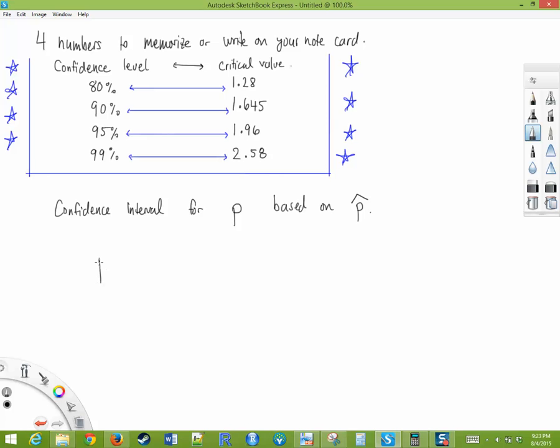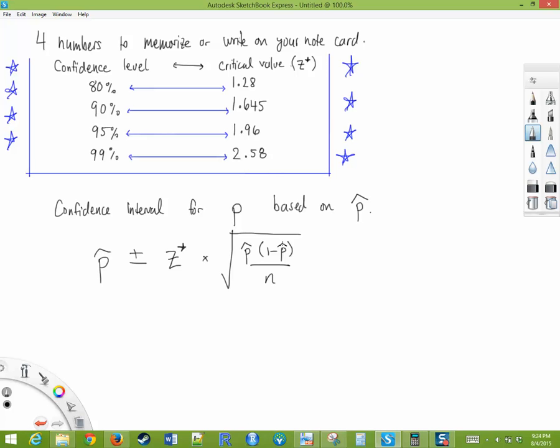That is P hat plus or minus our critical value, also called Z star, times the standard error, the square root of P hat times 1 minus P hat over N. Notice we use the hats here, whereas when we did the central limit theorem problems earlier, there were no hats.